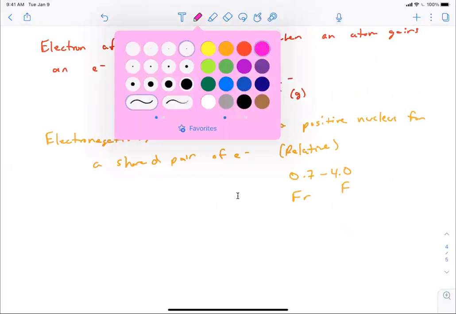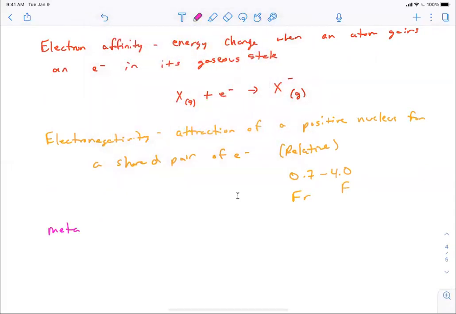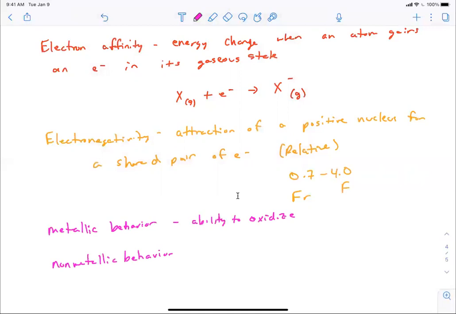One set of terms that I don't think you talk about a lot is metallic versus non-metallic behavior. You don't need to get really into this, but when you're talking about what increases metallic behavior, you want to think about the ability to oxidize, because metals want to lose electrons, which makes them more reactive.